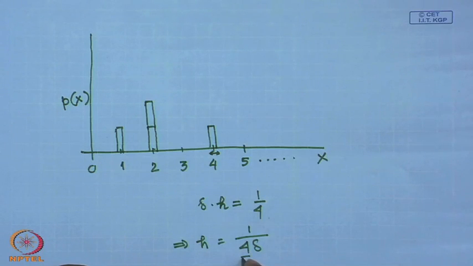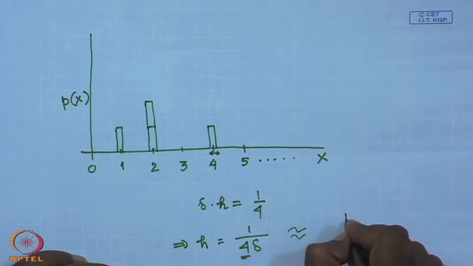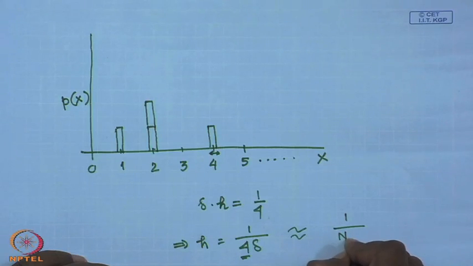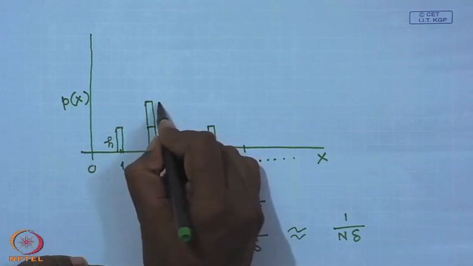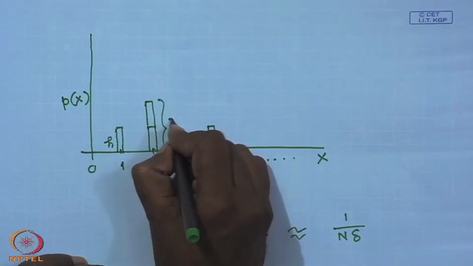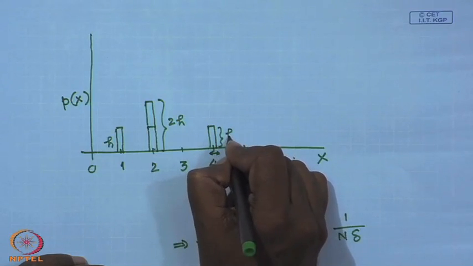Here this is 4, because I have 4 samples to estimate the probability density function. If I have n number of samples, then this h will be 1/n times delta. So, the height of this delta function will be h, the height over here will be twice h, and the height over here again will be h.